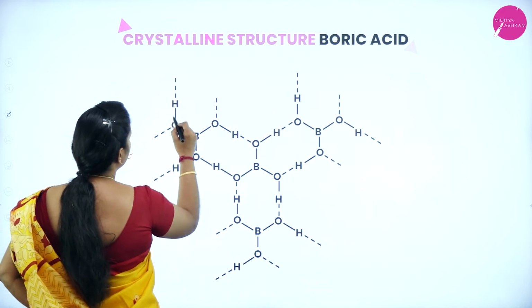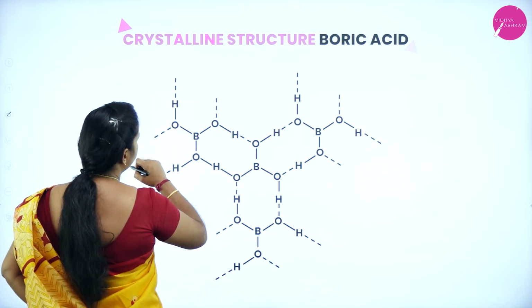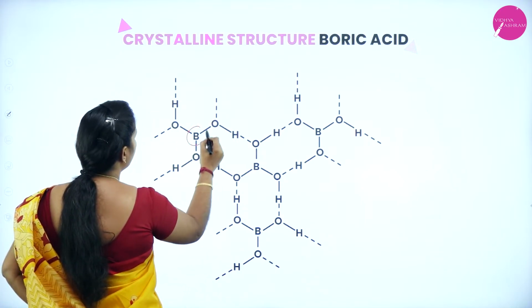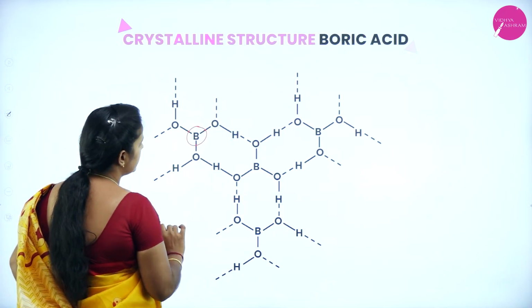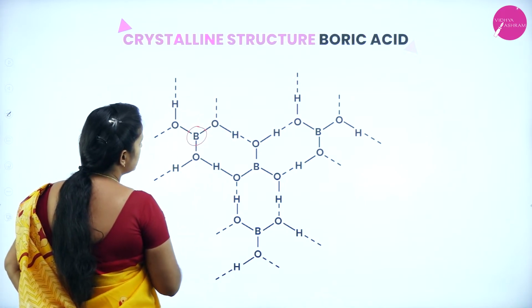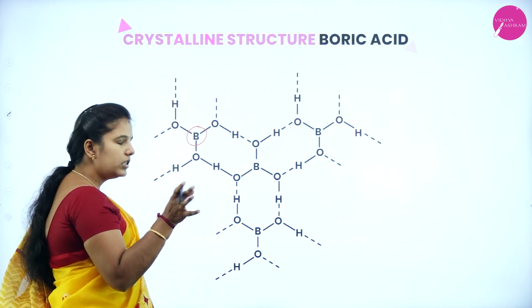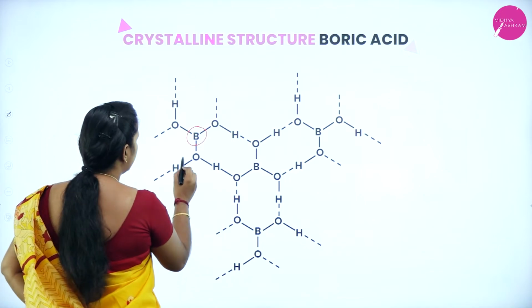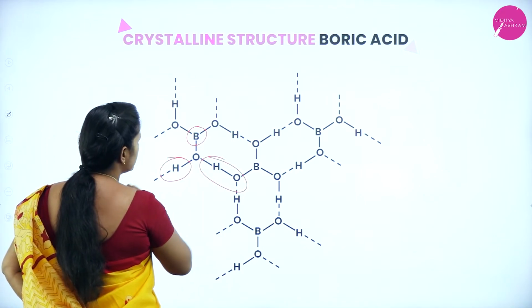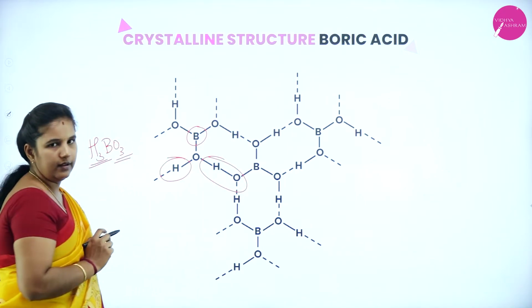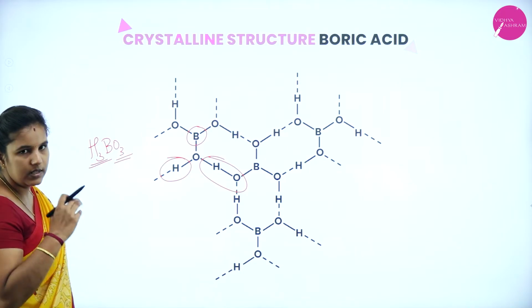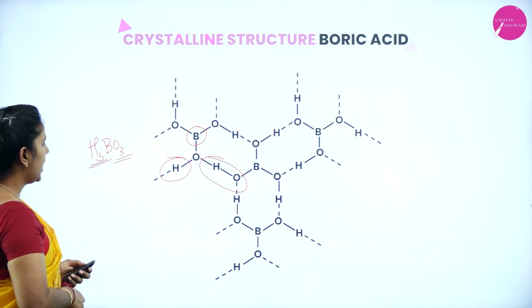So you can see that there are 3 hydrogen atoms, 3 oxygen atoms and 1 boron, and the shape will be extended. The central atom is boron. On both sides, you can see that there is hydrogen bonding which has been formed with the water molecule. So this is the crystalline structure of boric acid.